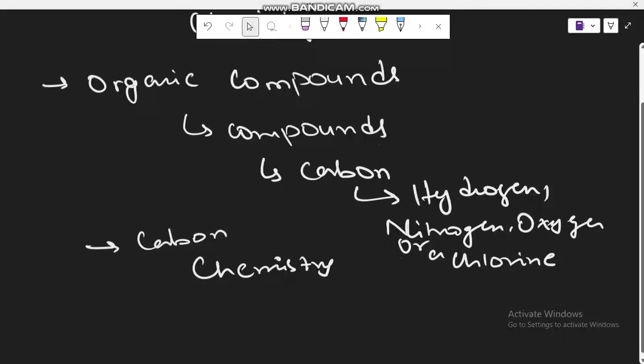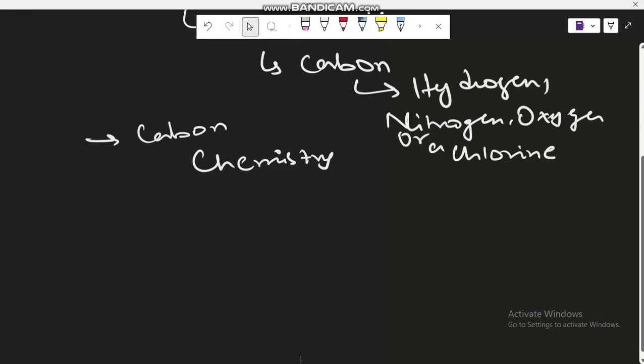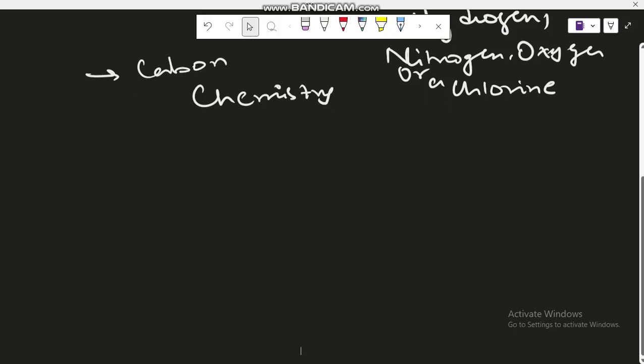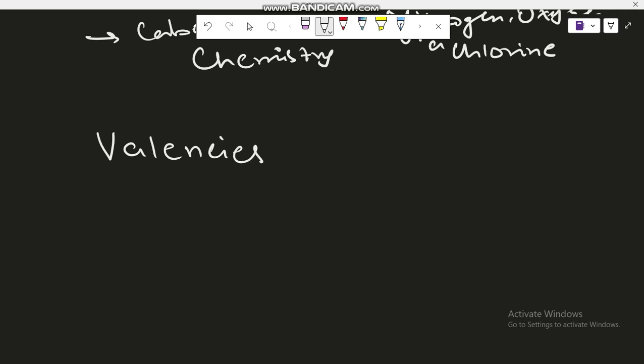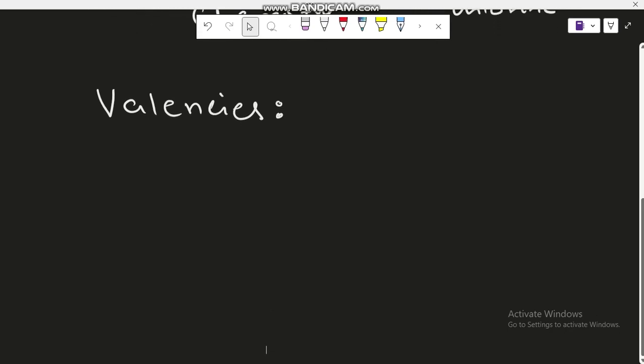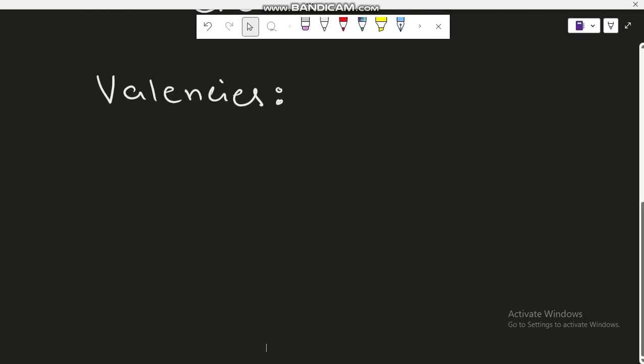One more thing that you need to know, which is very important and which you have done in the previous sections as well, is the valencies. Why is it important? Because when we are forming compounds, we need to know how many bonds a particular atom can form. Let's talk about carbon.